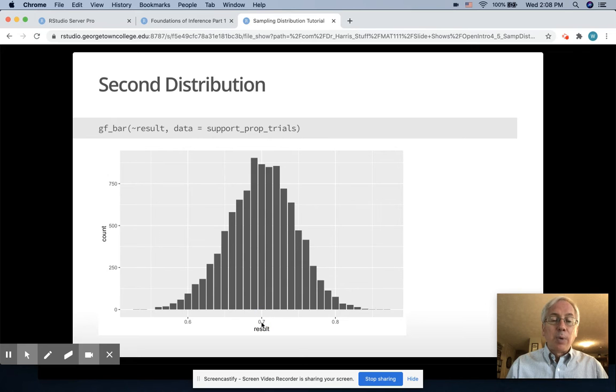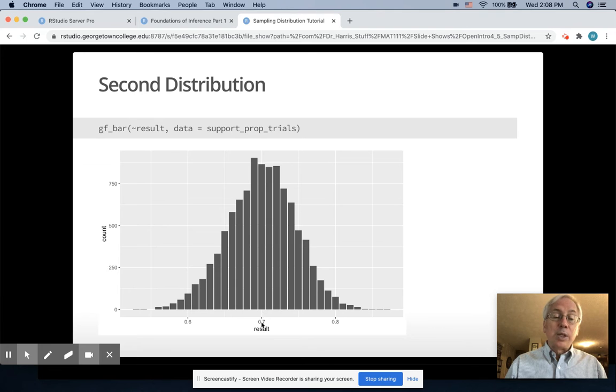If the center is at 0.7, it looks like we get out about as far as 0.85 out here, about 0.55 down here. And so almost all the observations are going to be between 0.55 and 0.85.